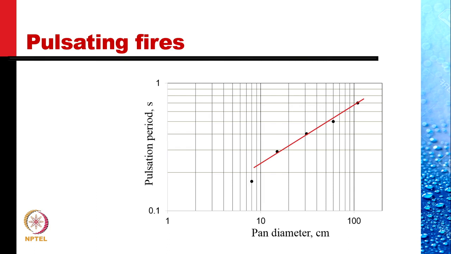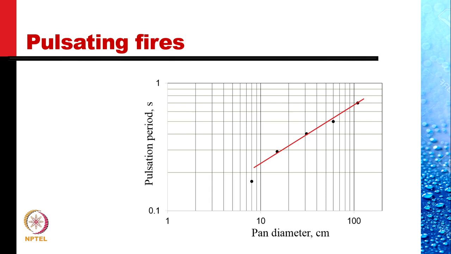Bryan and Nelson conducted experiments by using a liquid fuel on circular pans of different diameters, from about 8 centimeter diameter to a meter in diameter, and they observed the pulsation period in seconds.